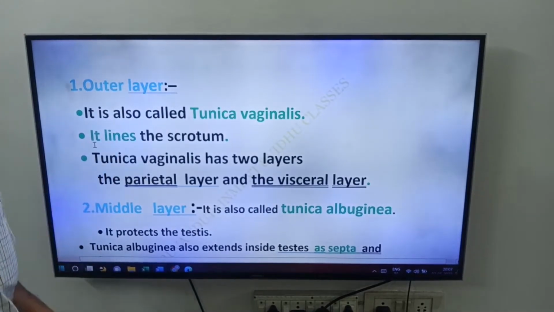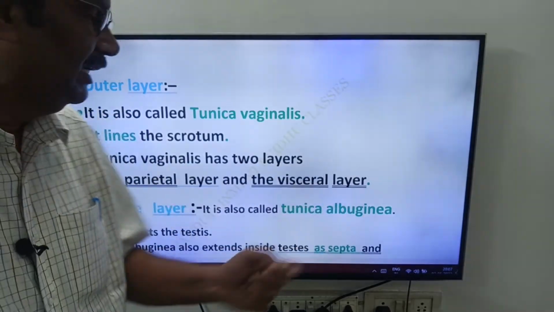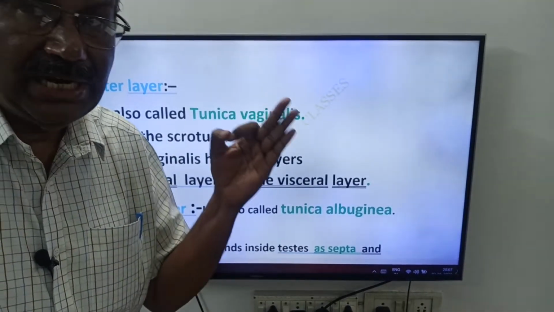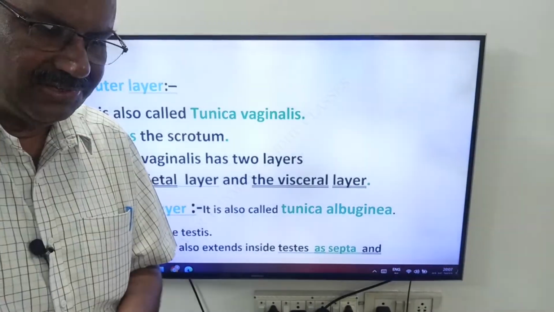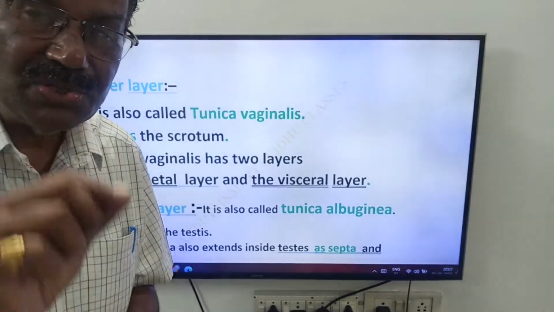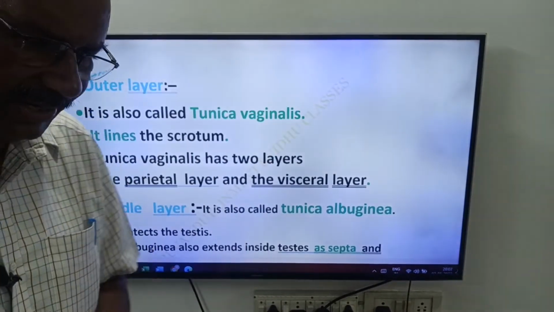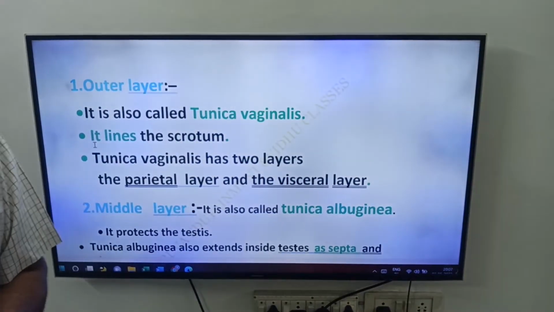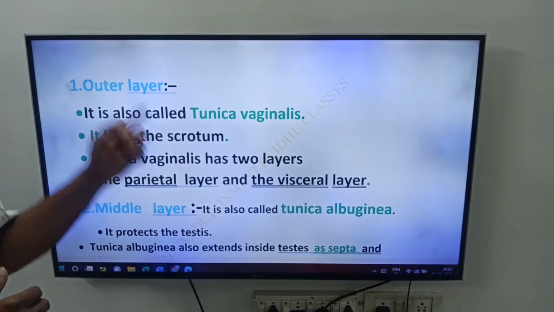The outer layer is also called tunica vaginalis.